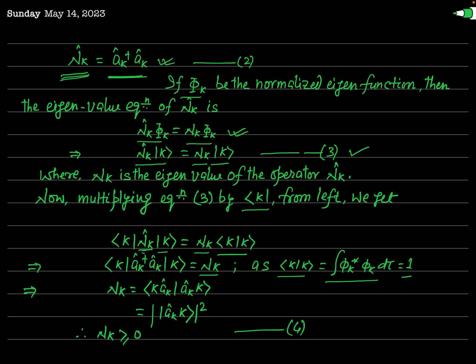Now this LHS can be written like this: bra k ak hat dagger ak hat ket k, and that will be equal to nk. Actually, when you write this operator ak hat dagger in the place of the bra vector, the dagger should not be written, because in the place of the bra vector it is already the complex conjugate, or you can say the Hermitian conjugate of ak.